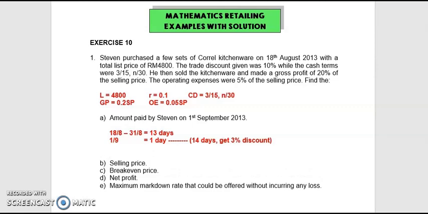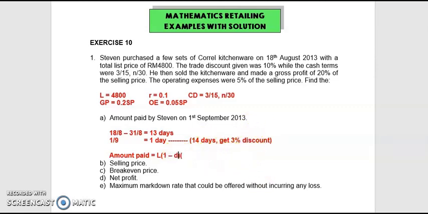Okay, how to calculate the amount paid? So list price. Now look at this, you have two discounts that you need to calculate. First, the trade discount, so 1 minus R, and then multiply another discount which is referring to cash discount here.